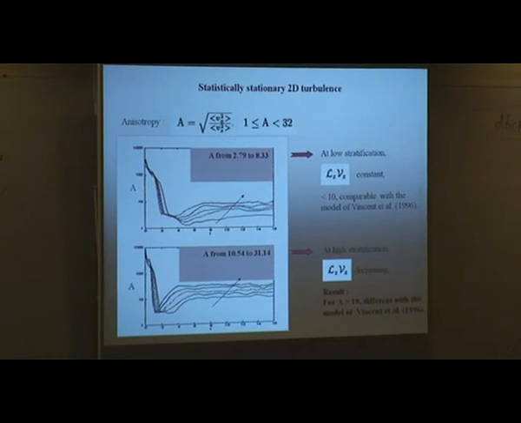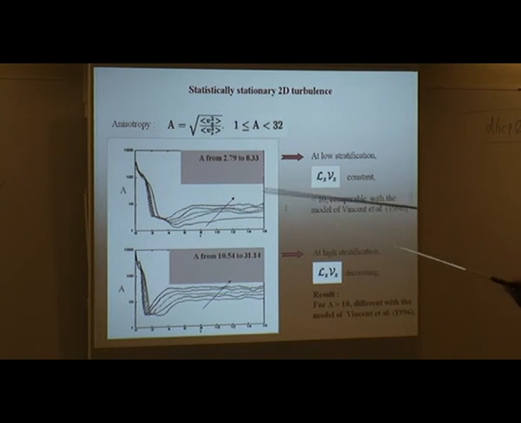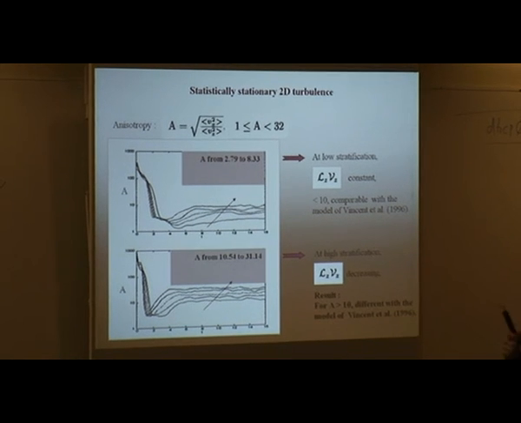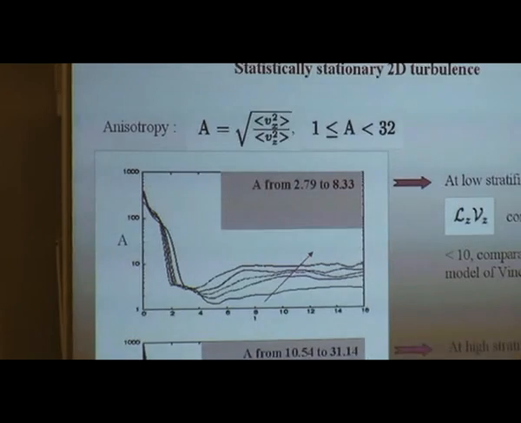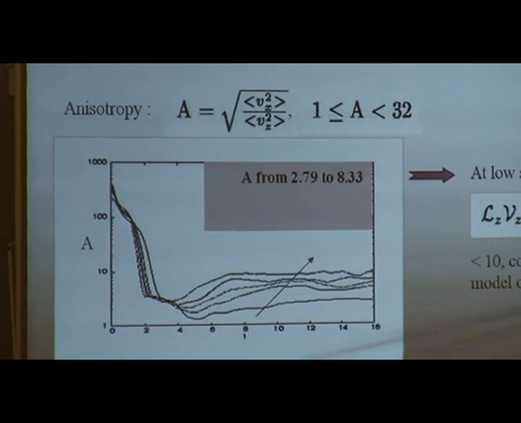I won't go too much into the details, but when we did the simulation to obtain this shear turbulent flow, we had to define a time-space area where we could consider that the flow was quasi-stationary, in the sense that the anisotropy defined here didn't vary too much and respected some error bars we defined.